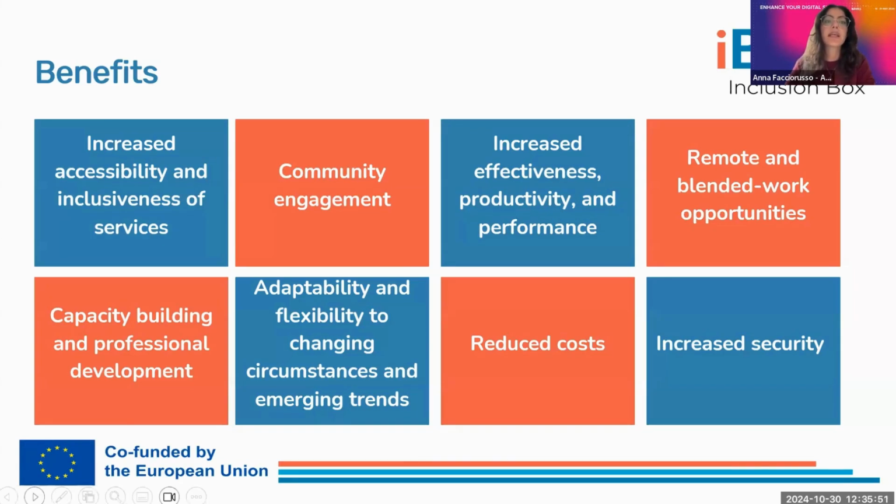So first, we see increased accessibility and inclusiveness of services, such as online training programs, which can be delivered to a broader audience, as we are doing today, including individuals in remote areas or individuals with disabilities, such as offering closed captioning, screen readers, and sign language interpretation.